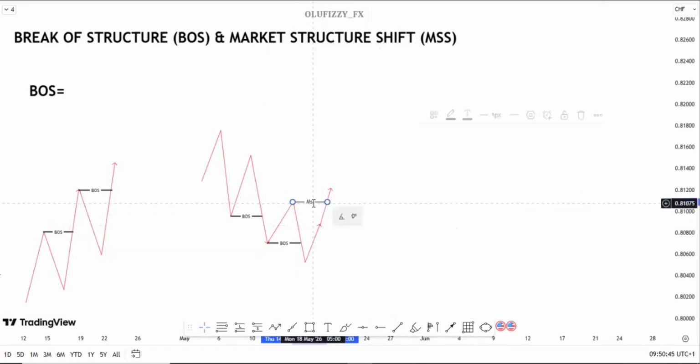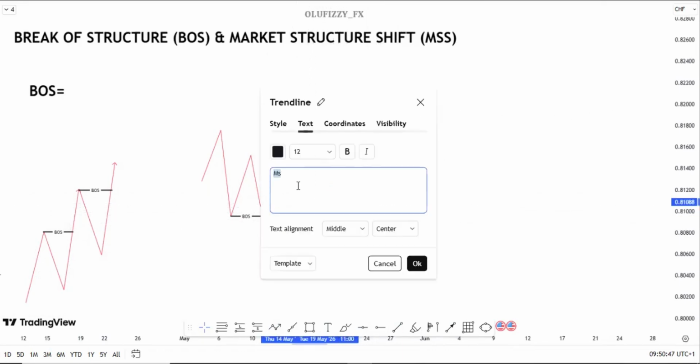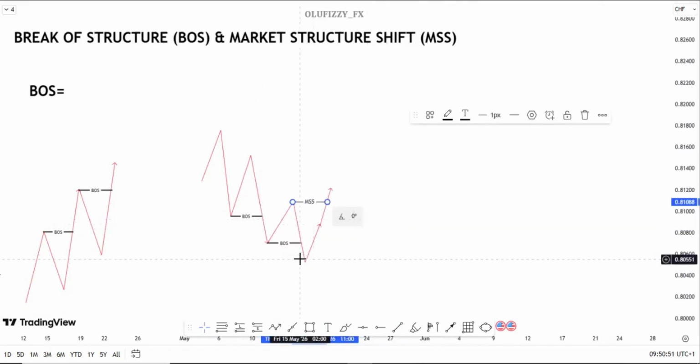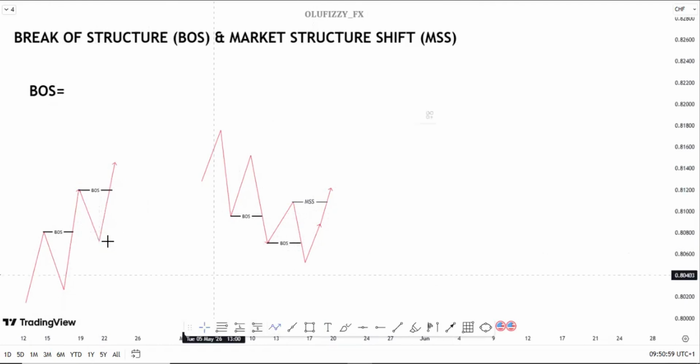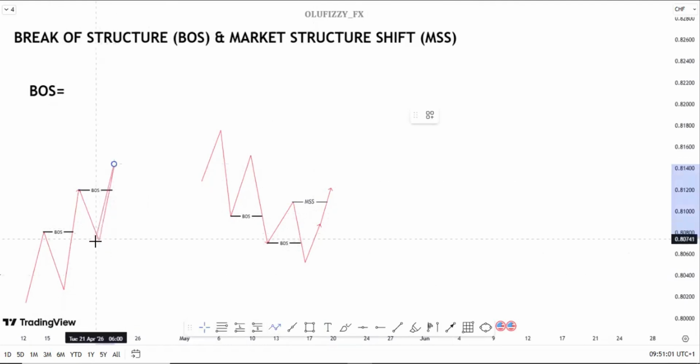So MSS signals a possible change in trend. And when price was in this bullish market condition here, and price comes to take out this particular swing low that we have, anytime price comes to take it out, that is a market structure shift.